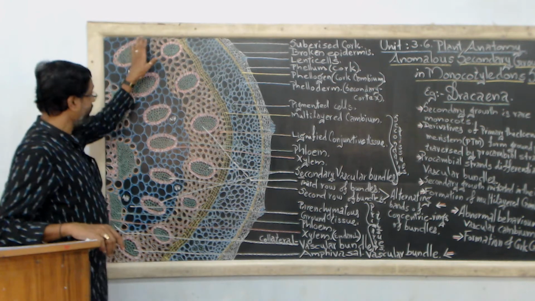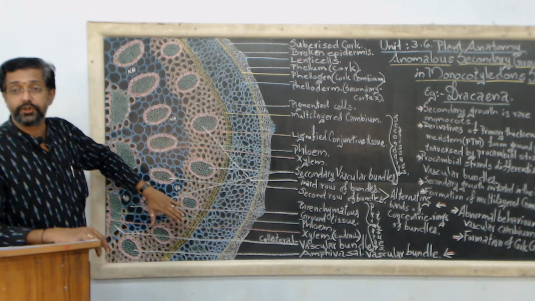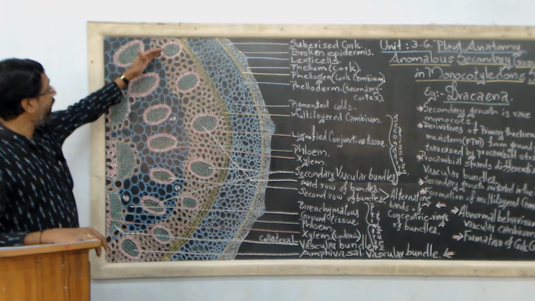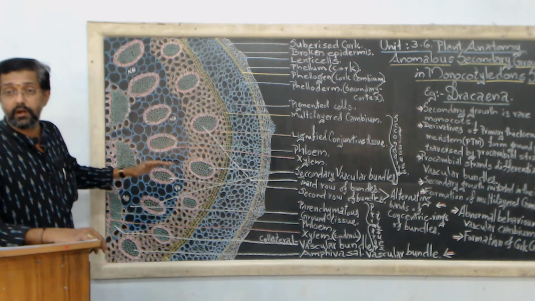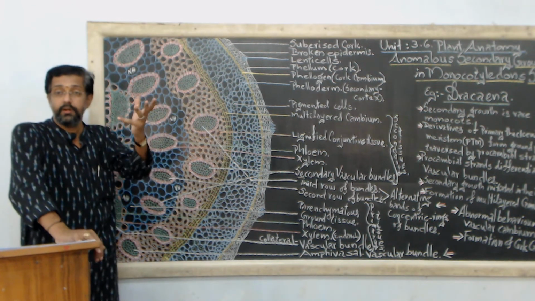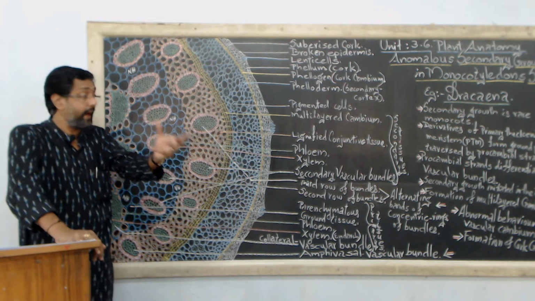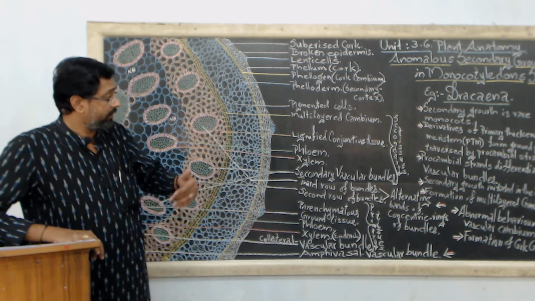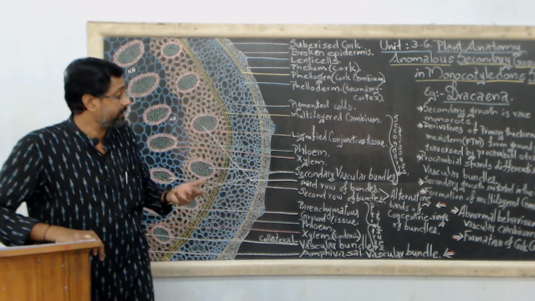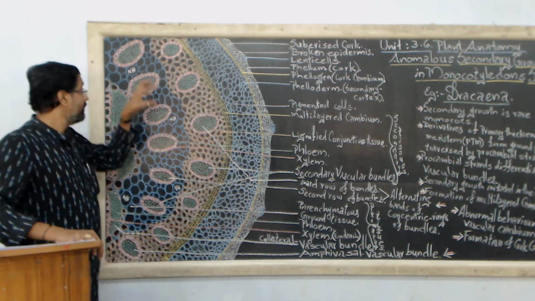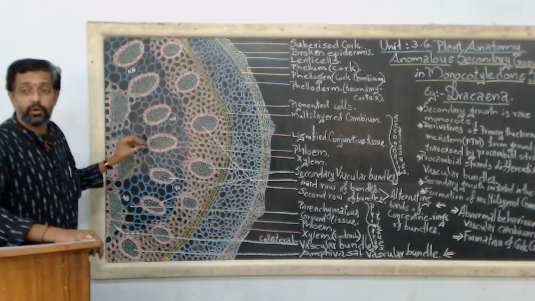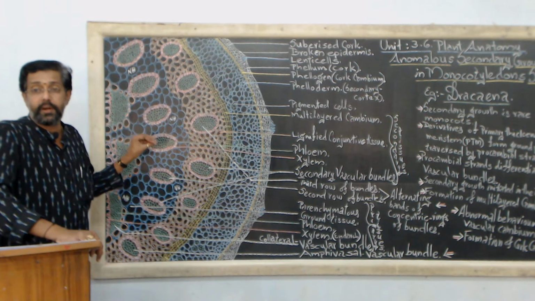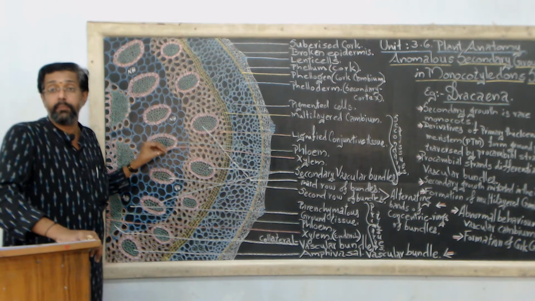So here in these areas in the primary structure, it is occupied by ground parenchyma tissue, and here and there, intermittently, the ground parenchyma tissue becomes differentiated as primary thickening meristem, and this primary thickening meristem acts as procambial strands, because here and there the strands or bits of parenchyma cells are differentiated into primary thickening meristem, that is the vascular cambial strips.